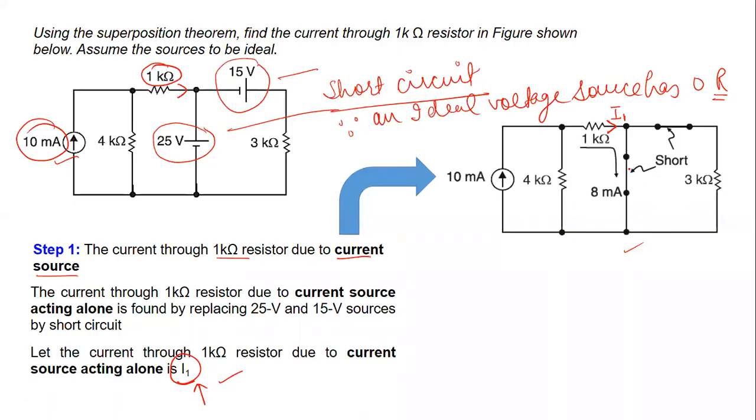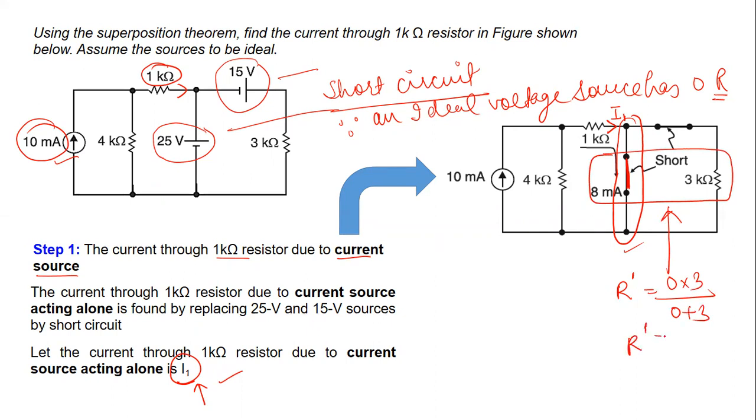Now, as you can see, the 25-volt source has been shorted, so this complete branch is a short circuit. If we find the parallel combination of these two branches, let us say it is R dash, then R dash is equal to 0 into 3 divided by 0 plus 3, so R dash is equal to 0.